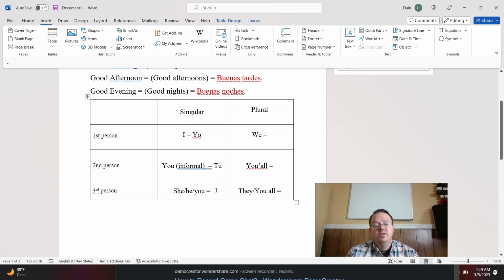All right. Now we're doing third person singular. You have she, he, and you. Now this you right here is formal. You would use it if you went to a formal wedding or formal business, to give respect to somebody.